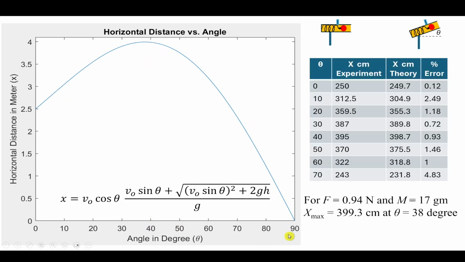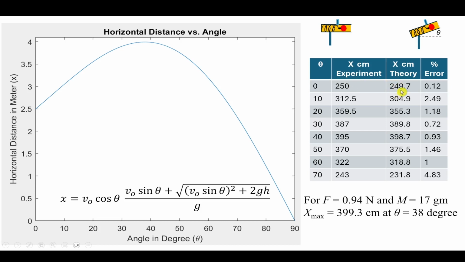So let's look at this table. This is the value of theta from 0 to 70 degrees. This is the data collected in the experiment for x. And this is the data from theoretical analysis for x. The values are very close. At theta equals 0, the horizontal distance traveled, that's this case, we measured experimentally 250 centimeters.